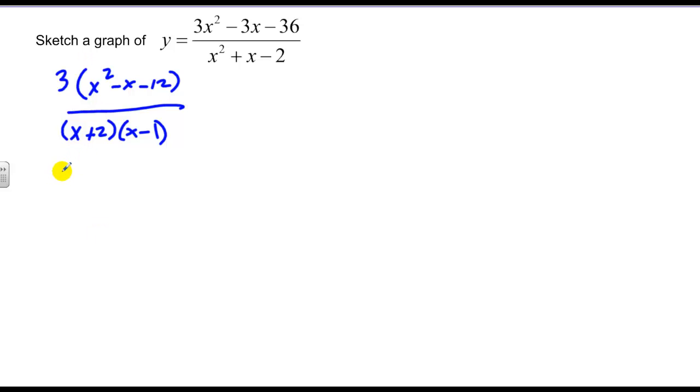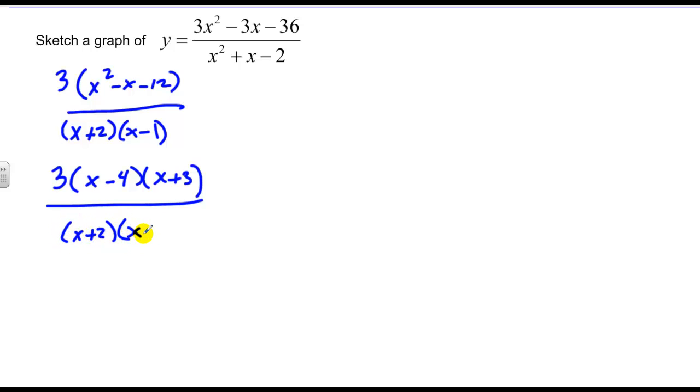I go through and continue. I have 3 x minus 4 x plus 3 over x plus 2 and x minus 1. So in this case, my x-intercepts, by setting my numerator equal to 0, I get 4, negative 3. My y-intercept is just going to be 18.